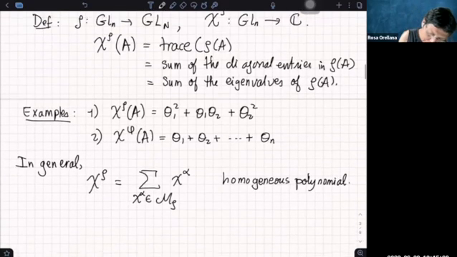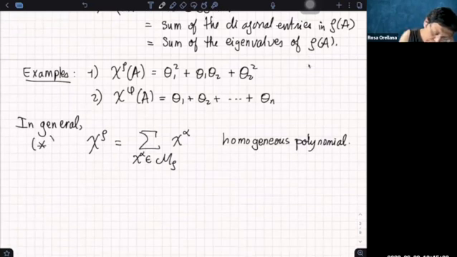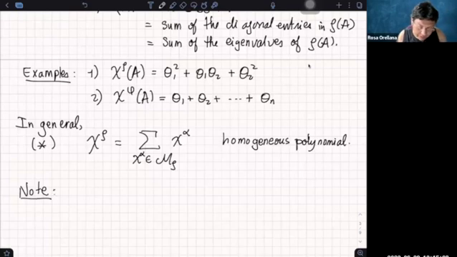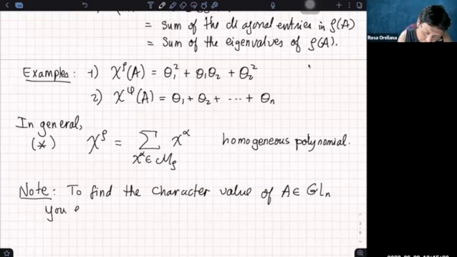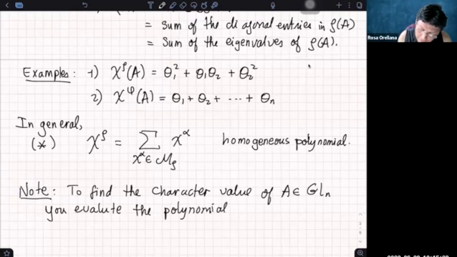And the thing that I want to make a note of, let me call this a star, because this is key in what we are going to do over the next 6 lectures, is that to find the character value of an element A in GLn, what you have to do is evaluate the polynomial at the eigenvalues of A.